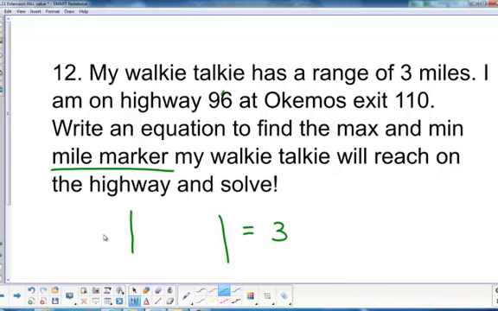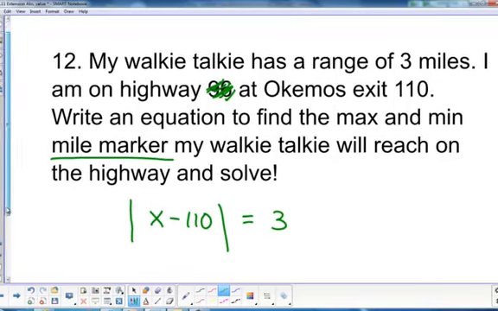So this 96 is totally meaningless. It's just the name of the highway. But the 110 is the thing that I'm going to be adding to the plus and minus 3. So that means inside my absolute value, whatever my answer is, which will be 3 more or 3 less than 110, I would have to subtract 110 from to get 3.